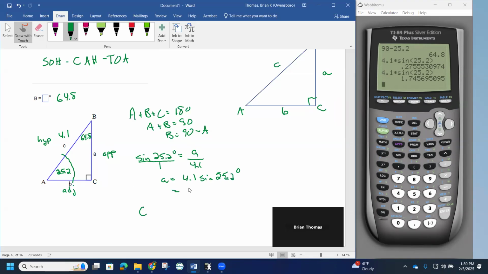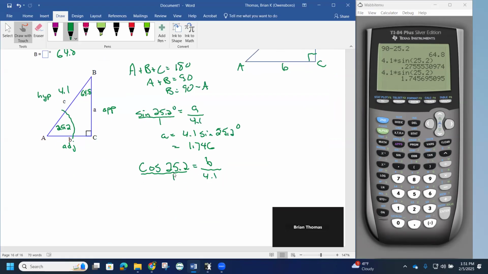So we can use the cosine of 25.2, and that's going to equal the adjacent, which is the letter B, over the hypotenuse, which is the 4.1. So again, the way we can solve this is cross multiply. We can write this as a proportion by putting this over 1. So 1 times B is B, and then all I have to do is figure out what 4.1 times the cosine of 25.2 degrees is.